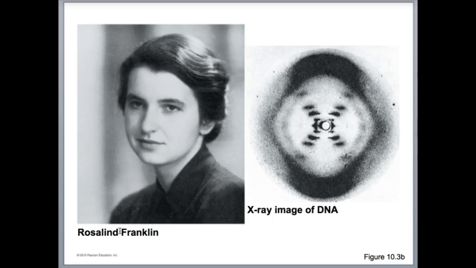But you do see her name and her picture in almost every biology textbook. So it's important that we recognize what Rosalind Franklin did, especially as a woman scientist at that time, and the fact that she literally paid for this discovery with her life, and remember that.